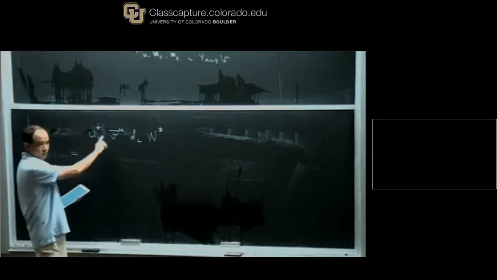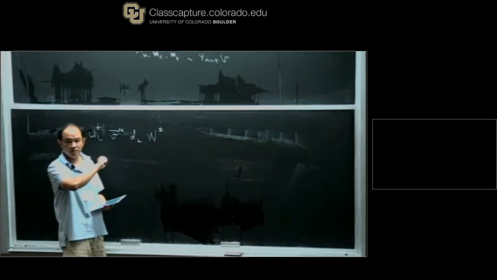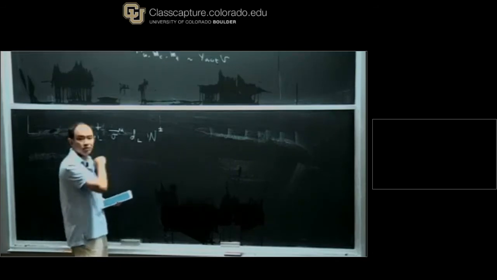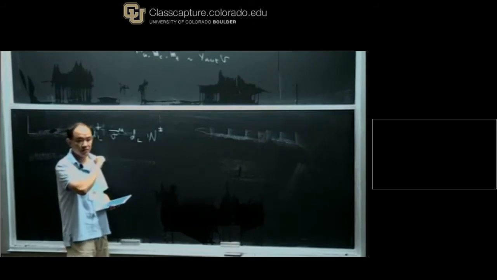So U_L will rotate, D_L will rotate, but their rotations in general don't cancel. Okay, so that rotation is not a symmetry of this interaction. The rotation I just did is not.